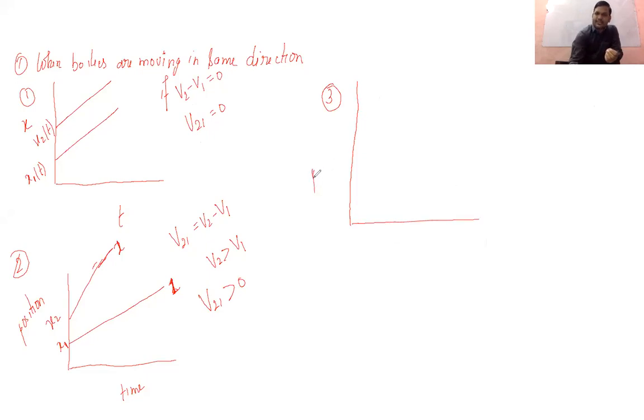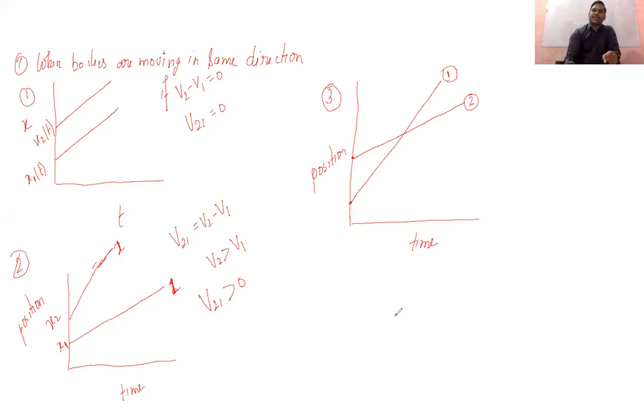Let's say this is position and this is time. This particular object is moving like this, and this person is moving like this. Let's say this is the second person, and this was the first person.